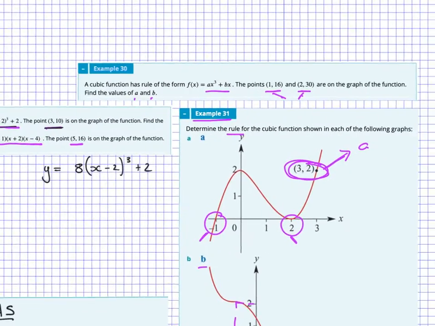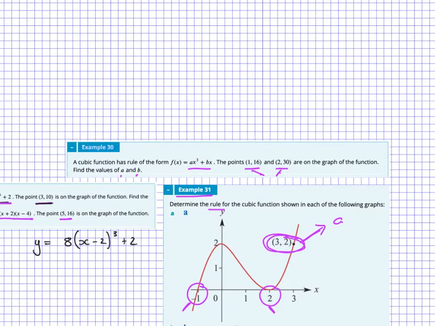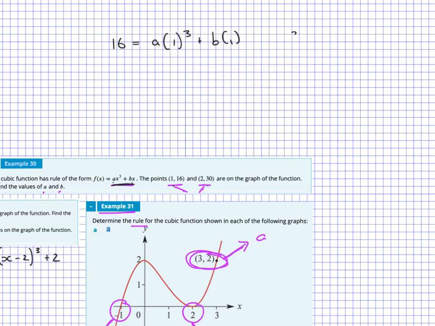We'll have a look up here at 30, and I'll do it above it. It's got 2 points, 2 variables. So let's do point number 1. This is where I'm going to have to use simultaneous equations. A times 1 cubed plus B times 1. And my other equation is going to be 30 equals A times 2 cubed plus B times 2. So simplify here, I get 16 equals A plus B. I get 30 equals 8A plus 2B.